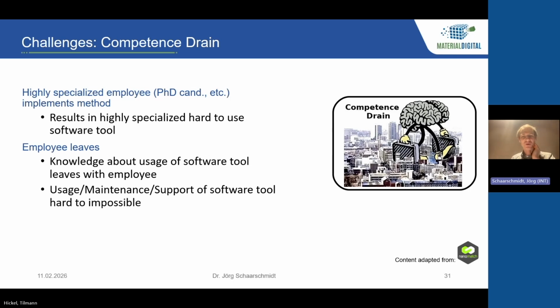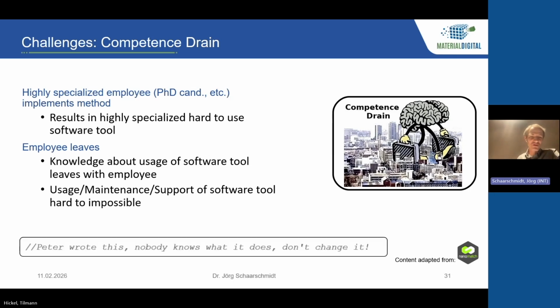It's really hard, if people wrote their thesis and then go into industry, to figure out what they did and how they did it. Maintaining those tools is also almost impossible. You get lines of code where somebody wrote this, nobody knows what it does, but don't change it. Ideally you have something that you can reuse, but very often you don't even know what they did in order to get the results.